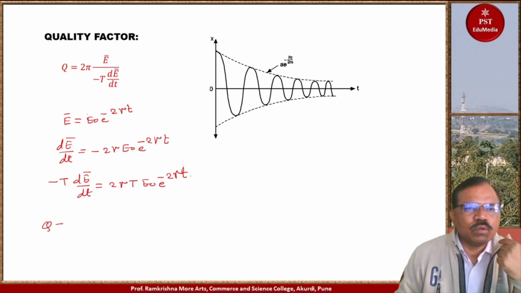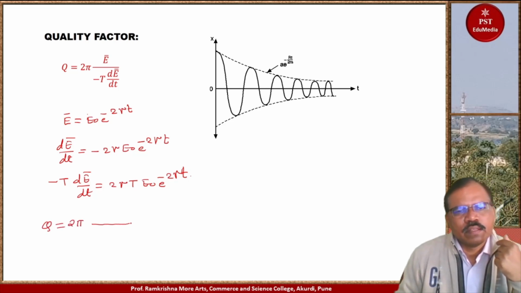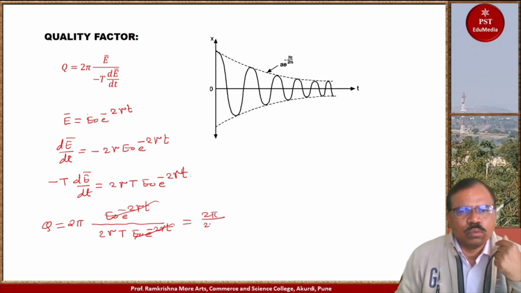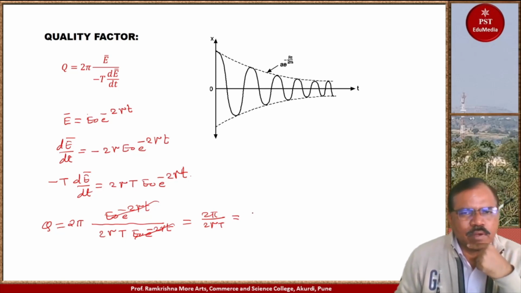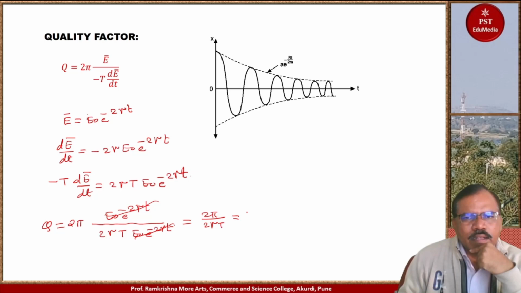So Q is equal to 2 pi times the ratio: E bar is E0 e raised to minus 2 gamma t, upon 2 gamma T E0 e raised to minus 2 gamma t. These two will cancel, so you will get 2 pi upon 2 gamma T. Now 2 pi upon T is omega 0.